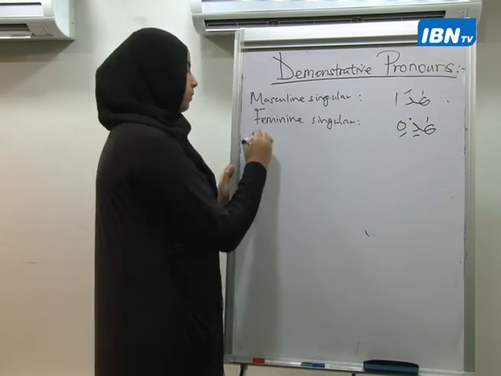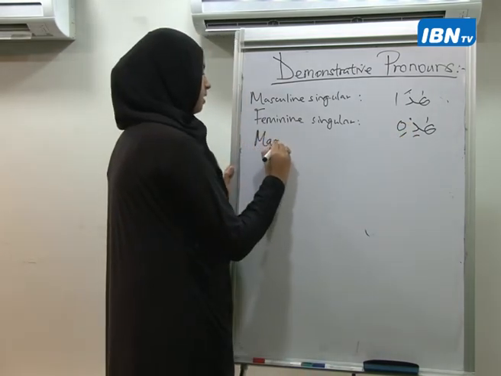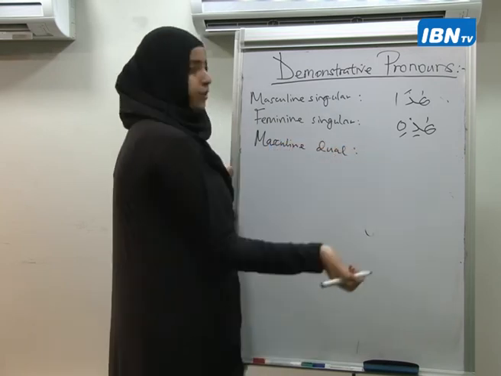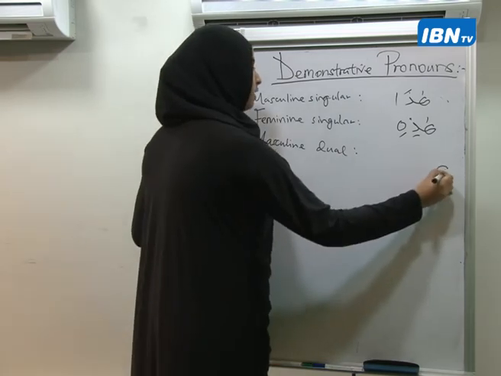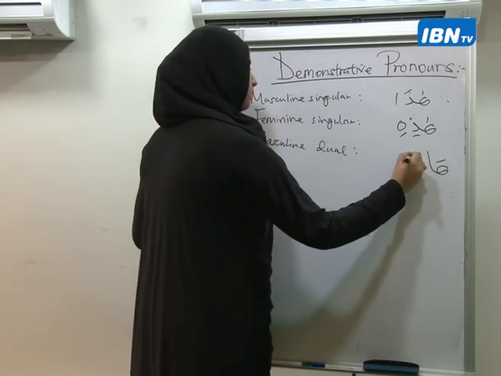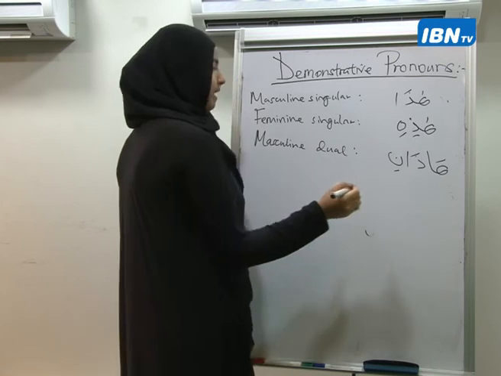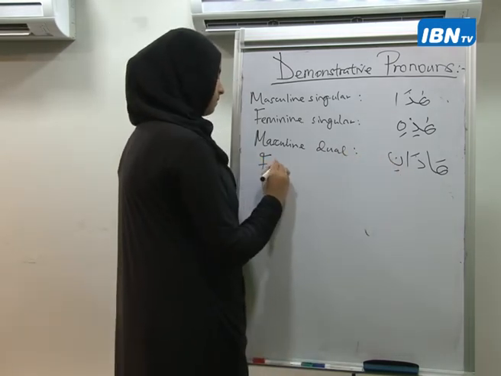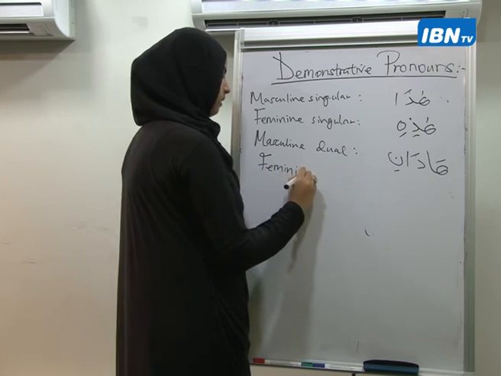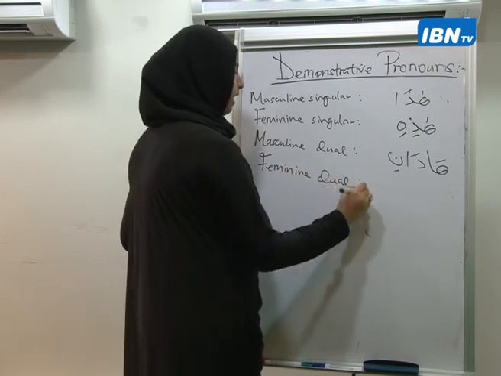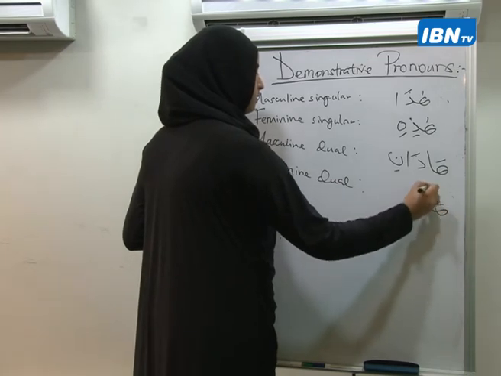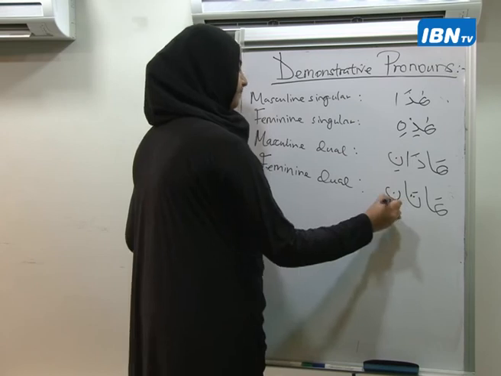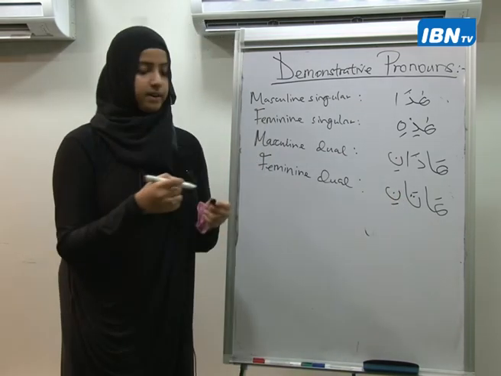For masculine dual, that means pair, I'm going to use hadhani. And lastly, for feminine dual, I'm going to use hatani. Right. So this sums up our class for today.